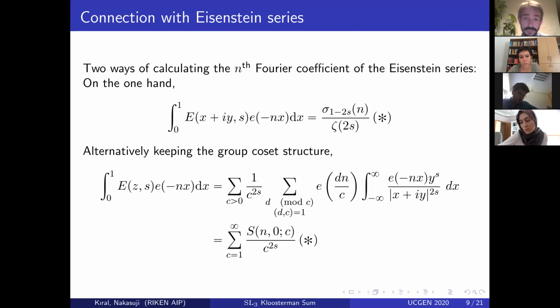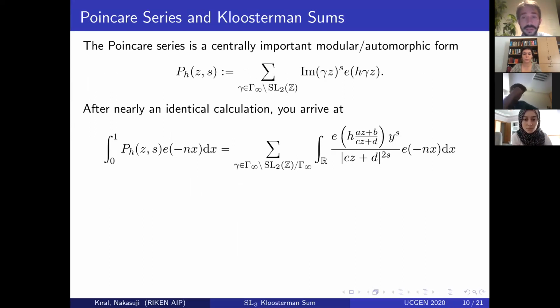So I'm going to do something almost the same, very similar, with a Poincaré series as my next step. So Poincaré series is almost the same thing. I'm still trying to create an automorphic form.